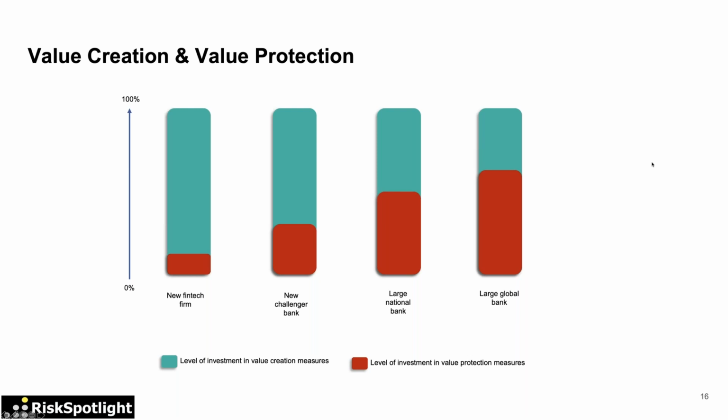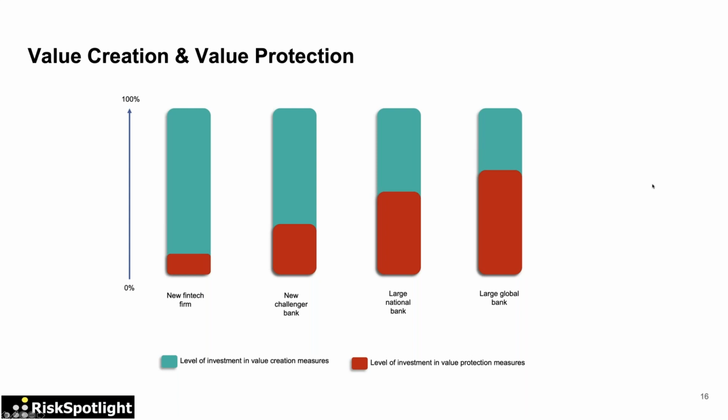If you're a new challenger bank, then you invest maybe 20-25% of the budget on value protection. If you're a large national bank, then it may be around 40%. If you're a large global bank, then you need to invest a lot more on value protection, because you have a lot of value to protect.